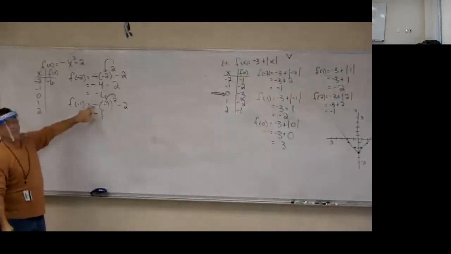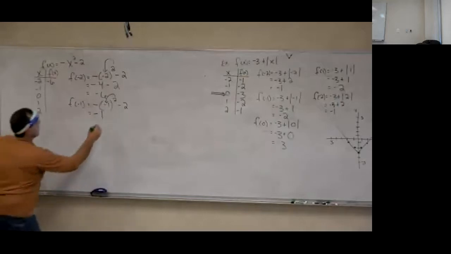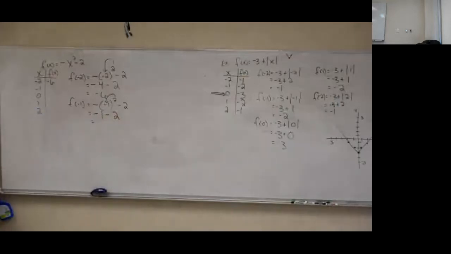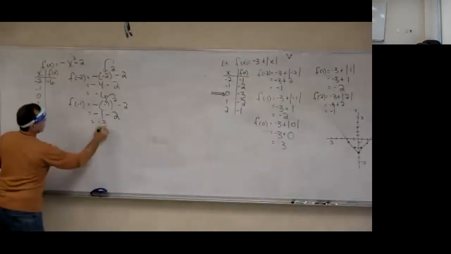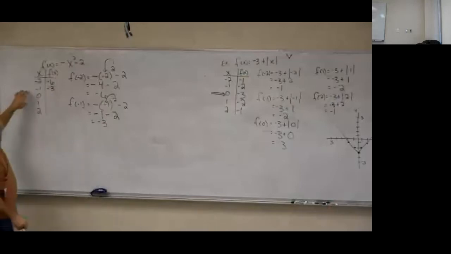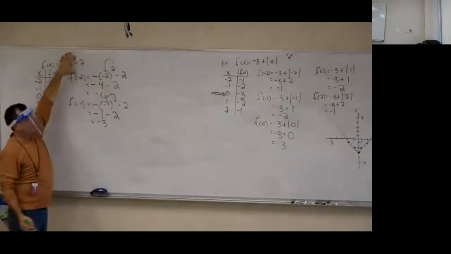So I'll bring that down, but I still got that negative out there. So I'm going to make it a negative 1. And then at the end is your minus 2. All right, so negative 1 minus 2. Negative 3. So let me put that in. Now the zeros are easy because you put the 0 where all the x's are. That becomes a big 0.